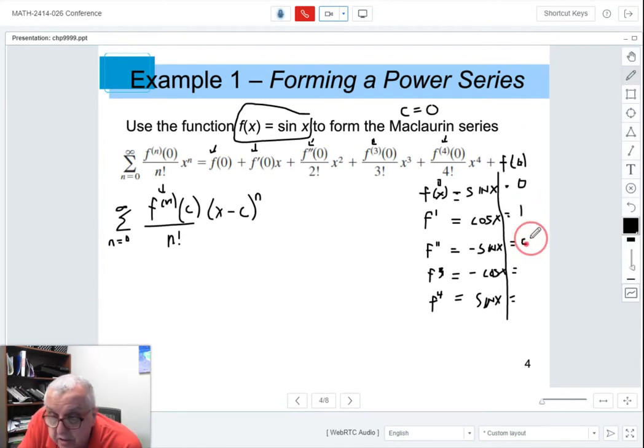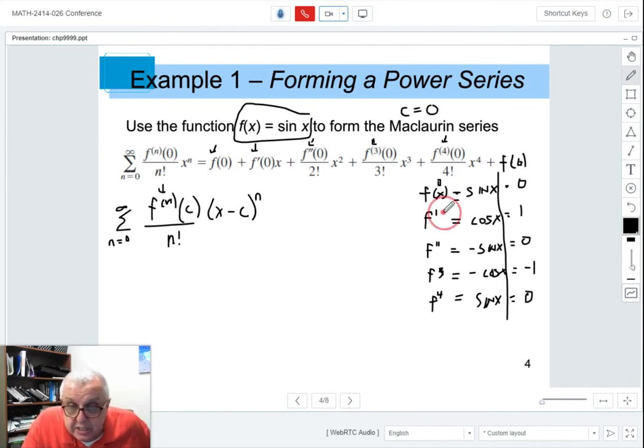Sine of 0 is 0. Cosine of 0 is 1, but there's a negative in front. The sine of 0 is 0. You see, we can keep on going with that. So we know when we plug 0 into each of these functions, we're going to get 0, 1, 0, negative 1, 0. We're plugging 0 into each of these functions.